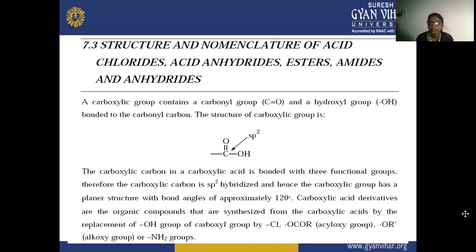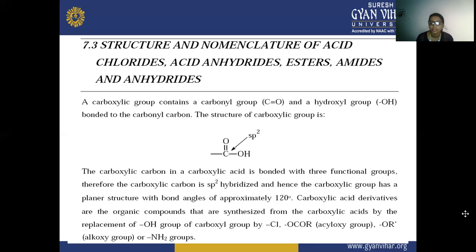It is attached to an OH group, second is your oxygen, and third is your alkyl portion. That is why the carboxyl carbon is sp2 hybridized, and hence the carboxyl group has a planar structure with a bond angle of approximately 120 degrees.